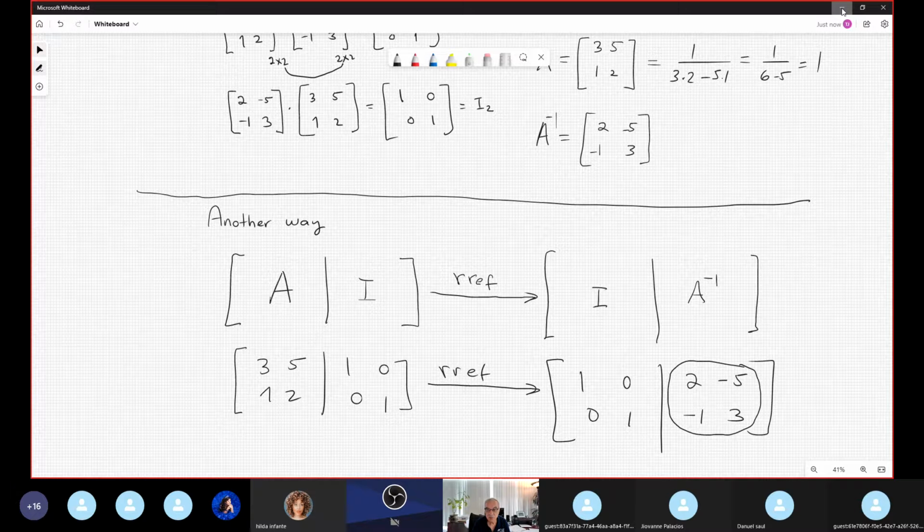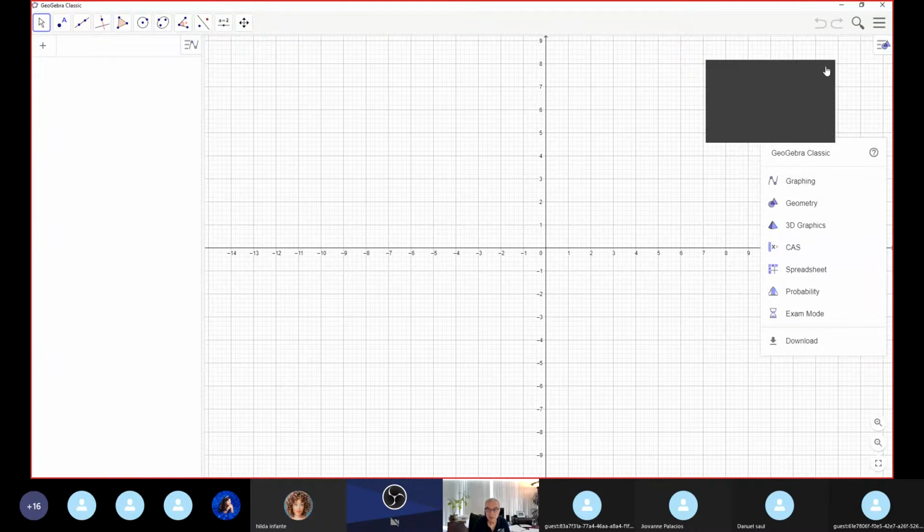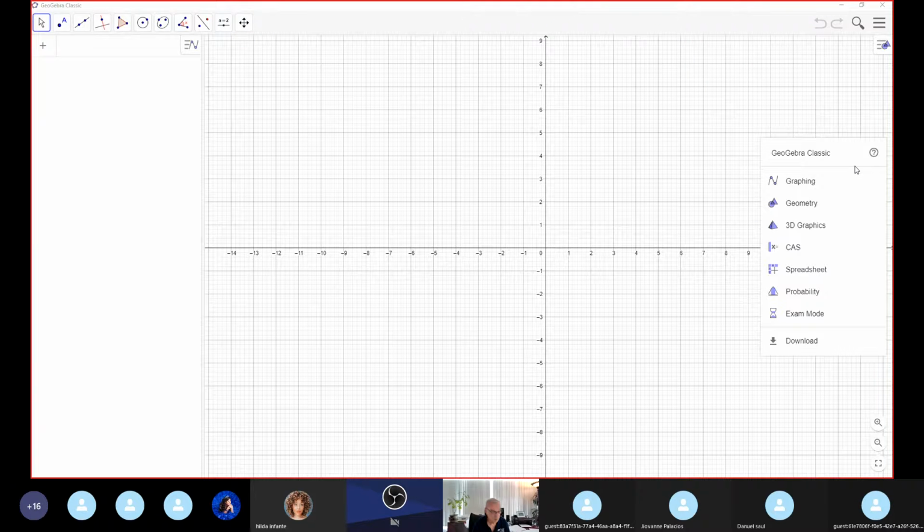Switching to GeoGebra Classic. Do you see GeoGebra? Okay, cool. We are doing this fast because the computer is fast. The only problem is typing the numbers, but it's okay.